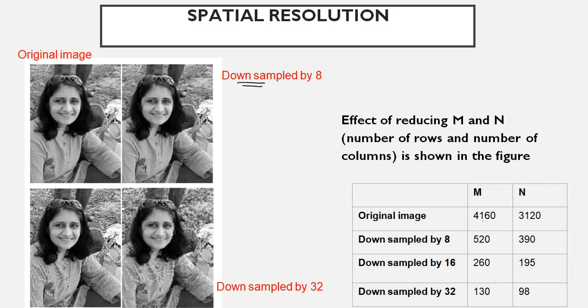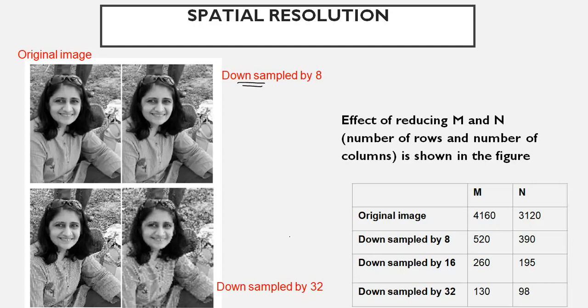But the size of the image when it is downsampled by 8 is tremendously reduced. In the original image, the total number of pixels was 4160 multiplied by 3120. In the new image, we have downsampled it by 8 and the number of pixels is 520 multiplied by 390. So the size of the image has tremendously reduced.